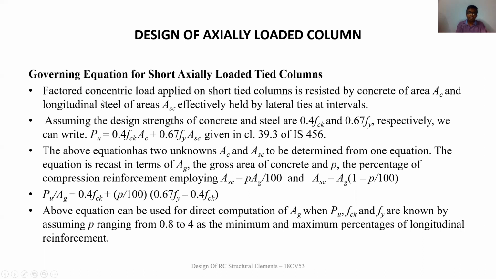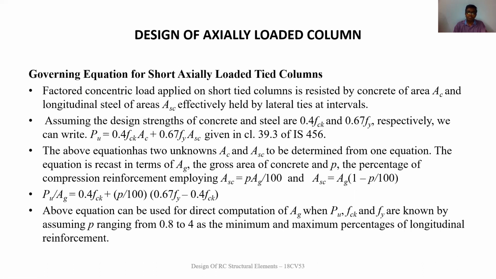Hence, the equation can be rewritten as Pu by Ag equals 0.4 times fck plus p by 100 into (0.67 times fy minus 0.4 fck).